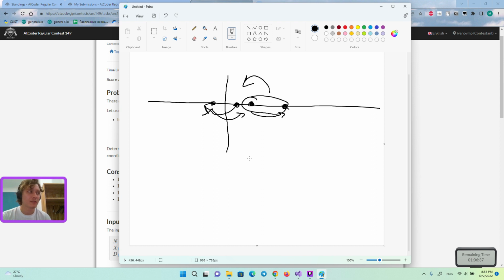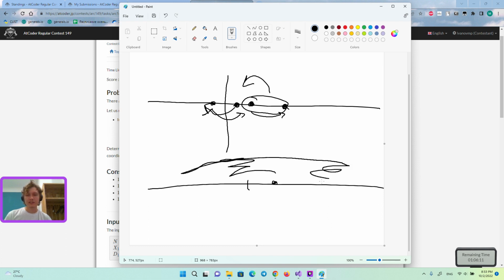So what? So let's take, for example, the median point and see its route. It did something, it did something.